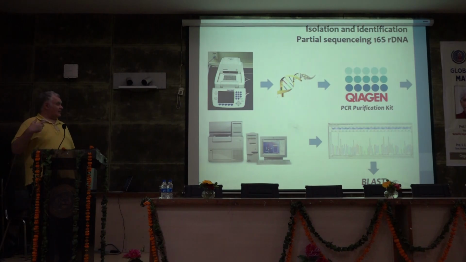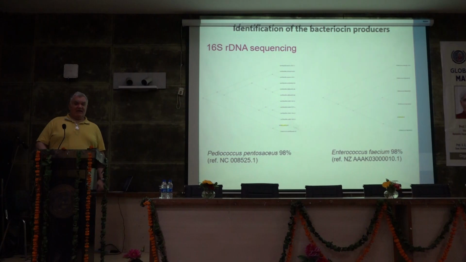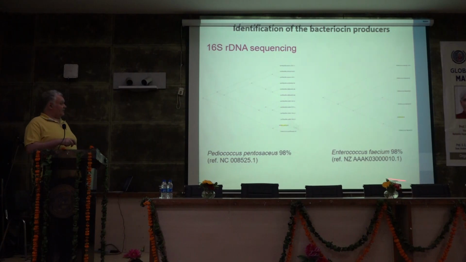You do the PCR, you purify the product, you send it for sequencing or do it yourself, and then you BLAST and have your results. Again, Pediococcus pentosaceus was confirmed. In the case of the different strain, remember, we have two strains from this product that we isolated.